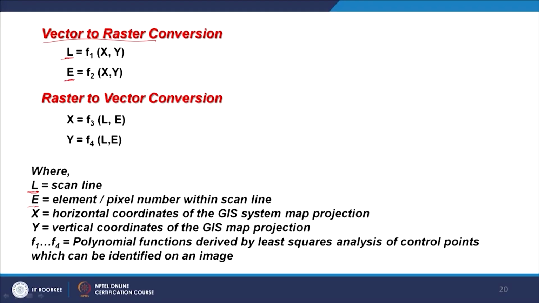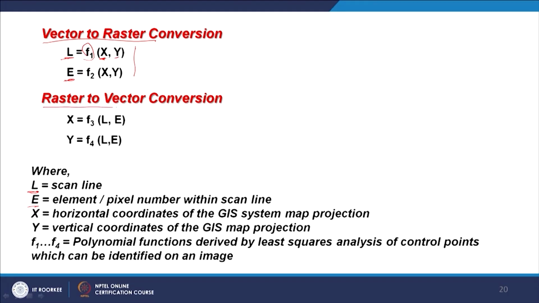Now, here there is a function. These are polynomial functions, because in the case of vector to raster conversion, the input is x and y, my coordinates. For row and column I will have the same equation and similar polynomial functions.